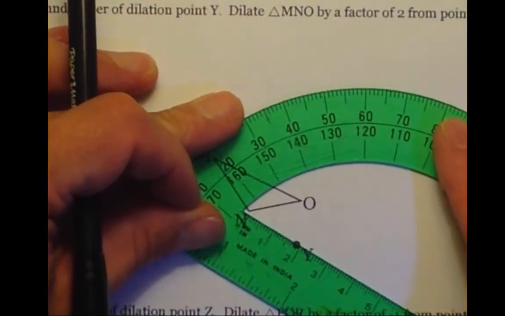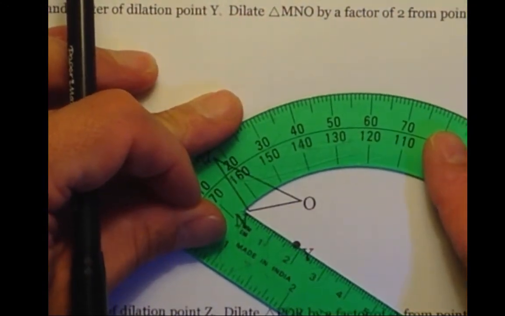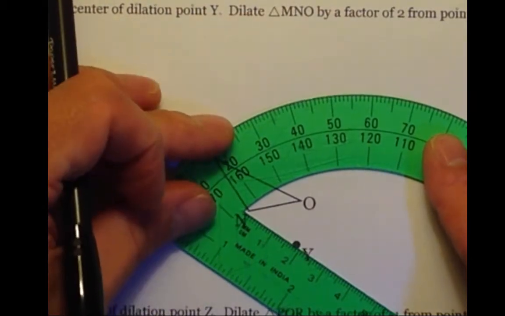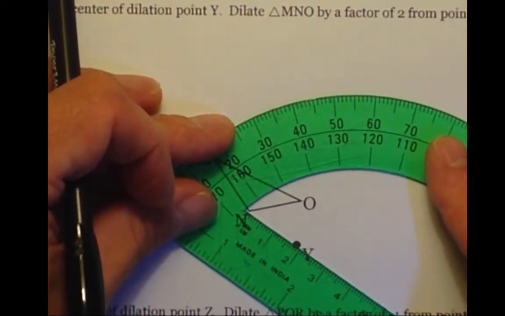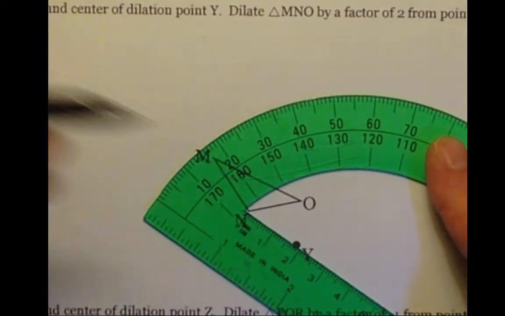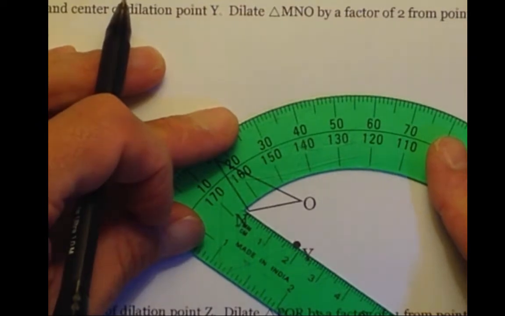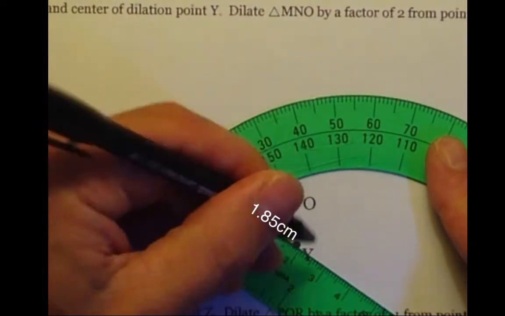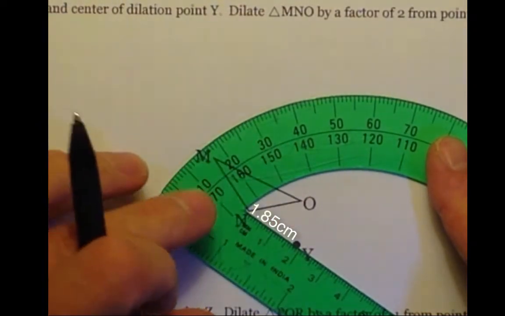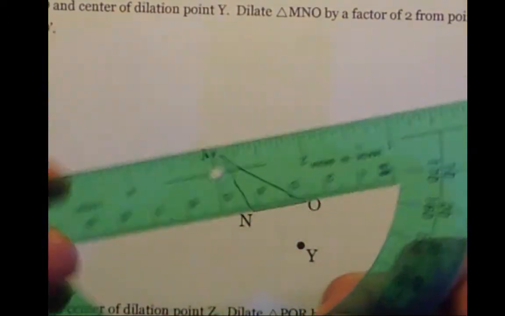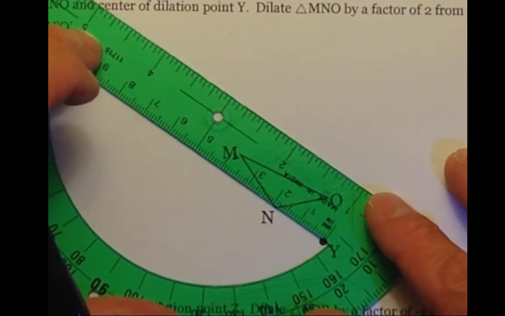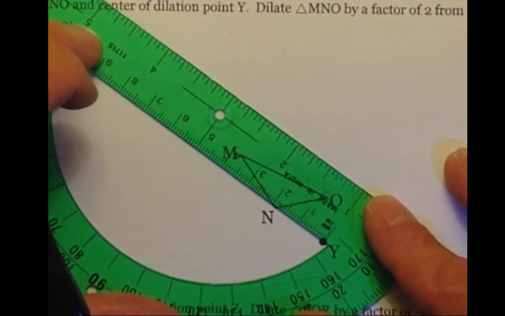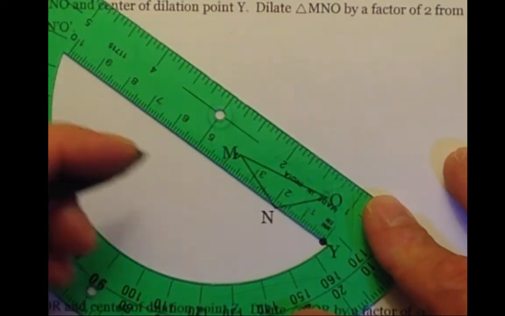Very unattractive. But anyway, I'm going to measure the distance from N to Y and say that that is 1.85, let's say. So that means I need to go that same distance further away from point Y, going in the same direction.